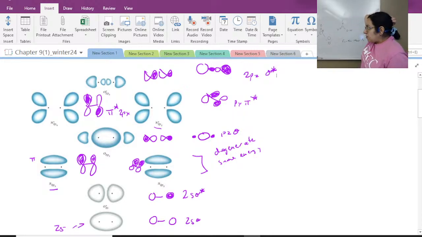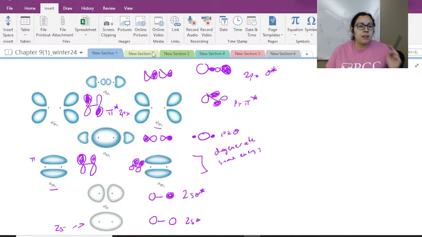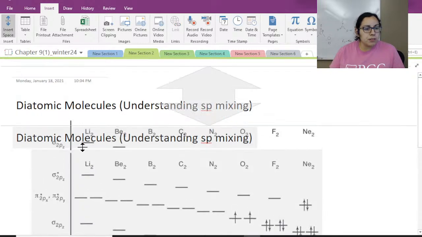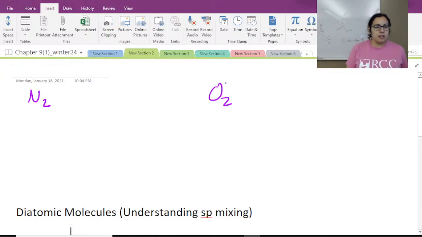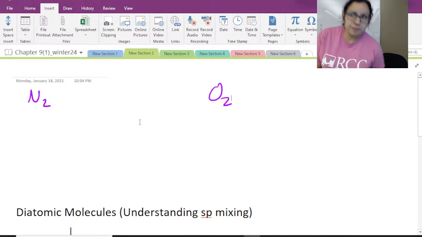Now let's get into our demo, what I dragged out all this stuff for. We're going to get into diatomic molecules, so let's set up our scenario. First, let's draw two things. Go ahead and draw me the Lewis dot structure of nitrogen and oxygen, and we'll go from there.